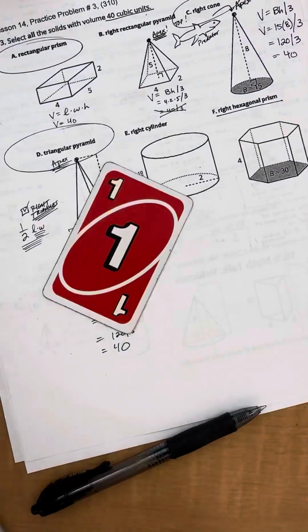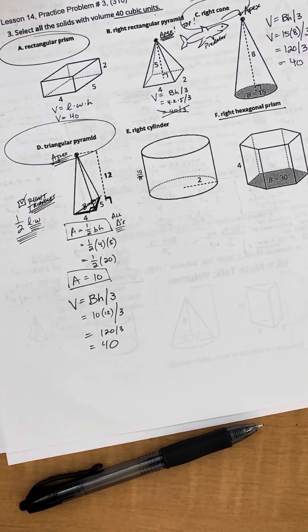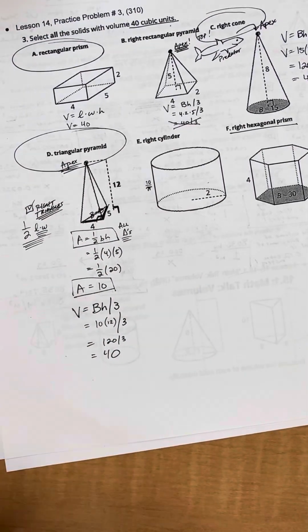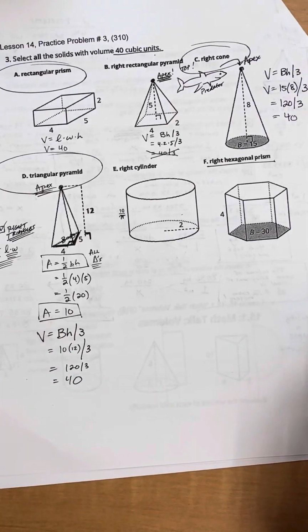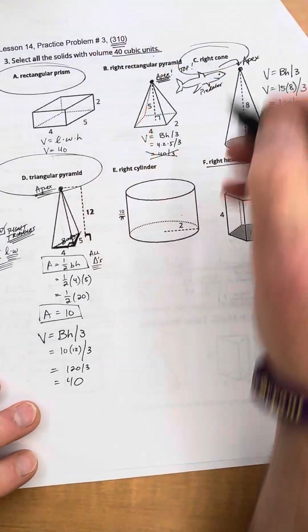That is a pie. Oh my goodness. Okay, here we go. If you lose your study guide, this thing's on Google Classroom, so you could print it out, or you could just look at it digitally and then go to your workbook. 310. All right, here we go.